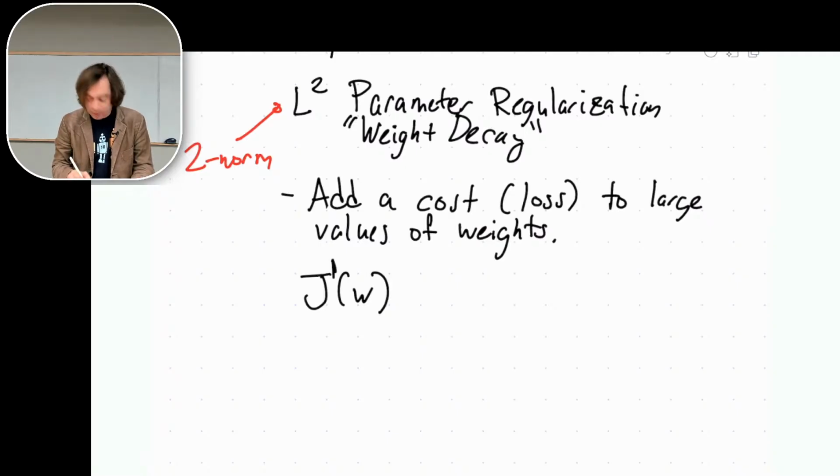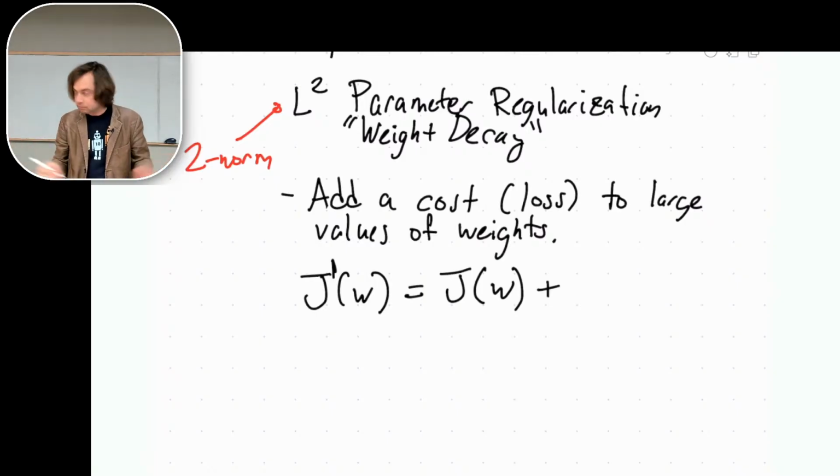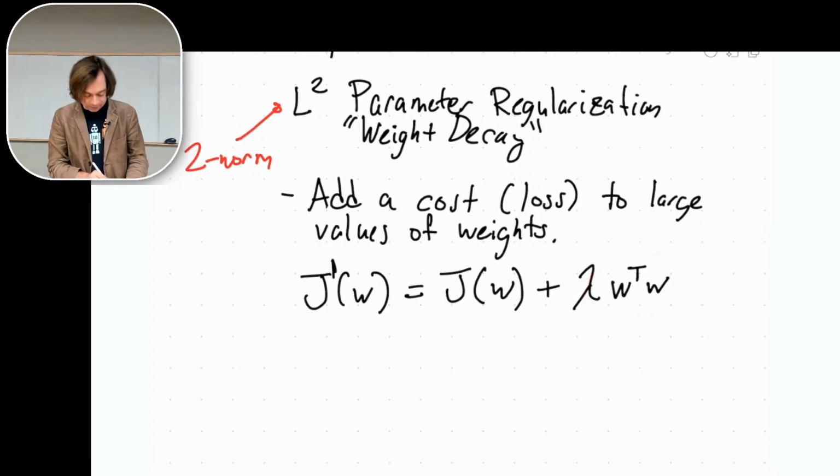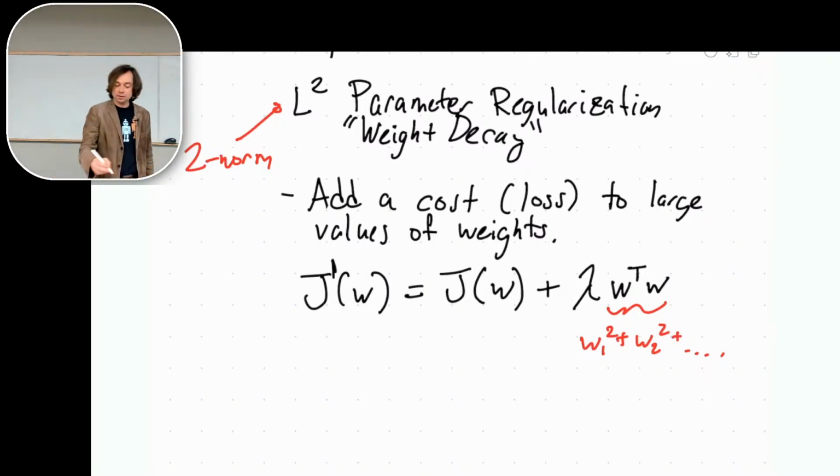Call this J prime, is equal to J(W), whatever your loss was before, plus some lambda value times W transpose W. This here is in effect W1 squared plus W2 squared plus dot, dot, dot. This here is a positive constant.